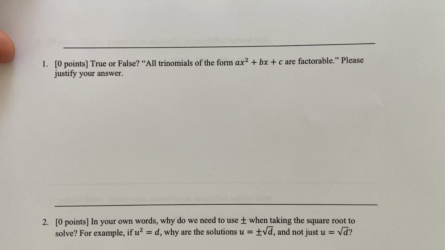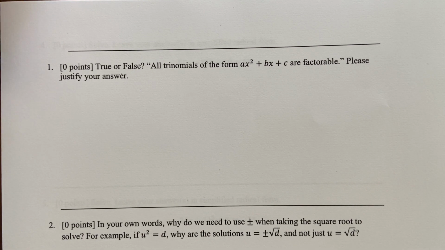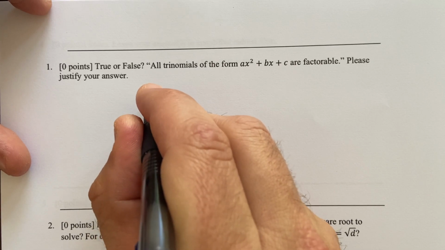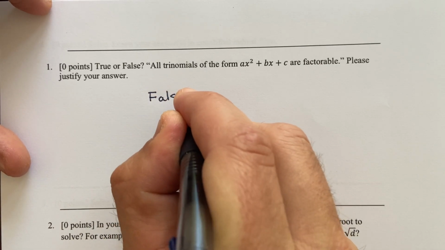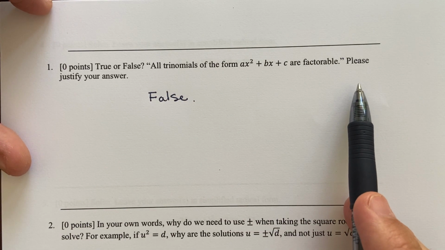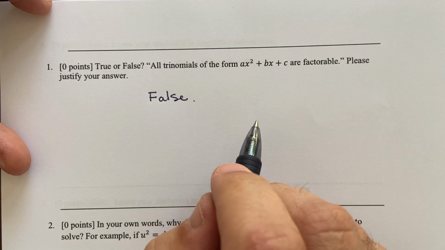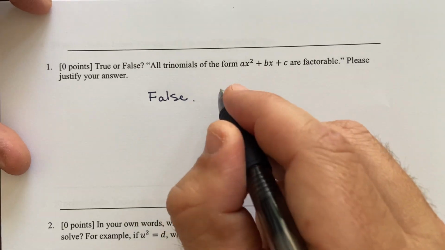So number 1, it's asking true or false, all trinomials of this form are factorable. Please justify your answer. So I need to say true or false. I'll say false. And the justification, I can simply come up with a trinomial that does not factor.